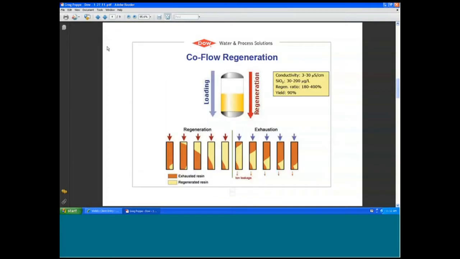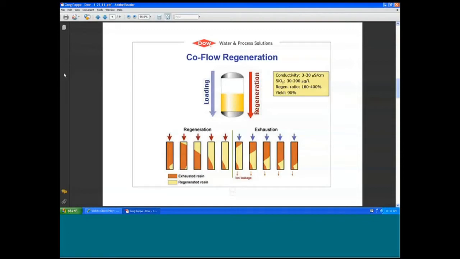I'll start out with the original and most basic design, which is what we call CoFlow Regeneration. It's called CoFlow Regeneration because both the service cycle, the loading arrow here, and the regeneration are performed in the same direction of flow, from top to bottom of the vessel.